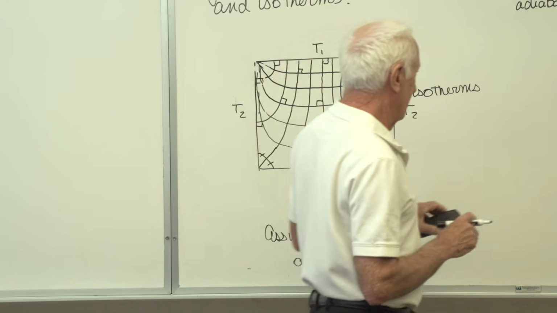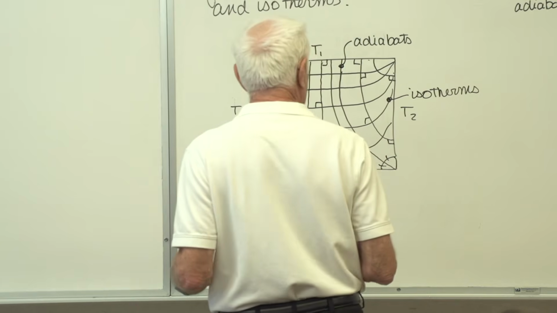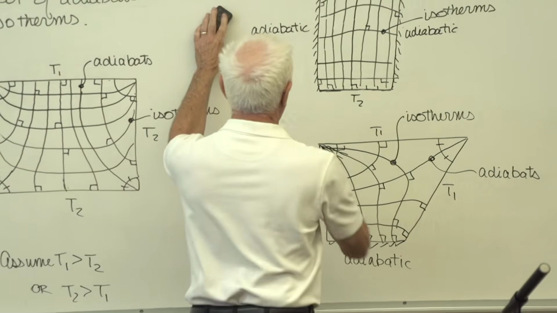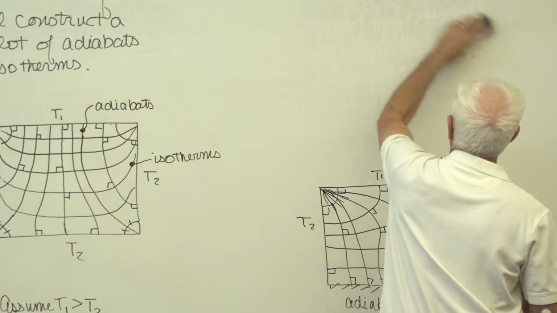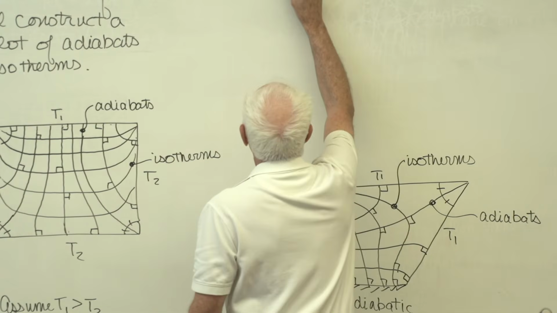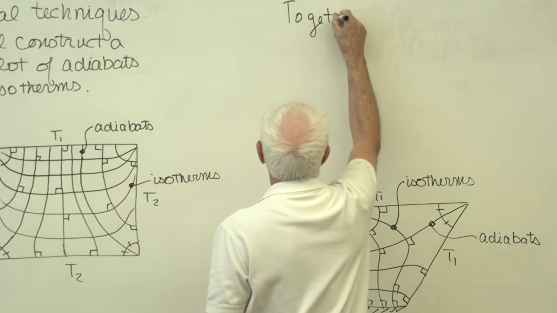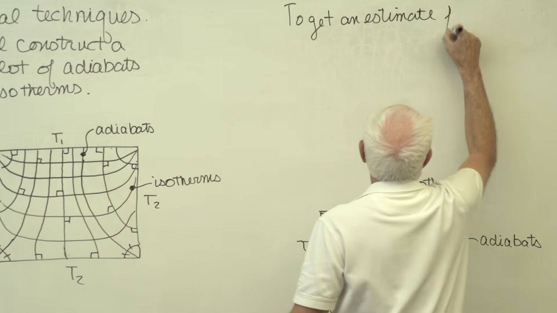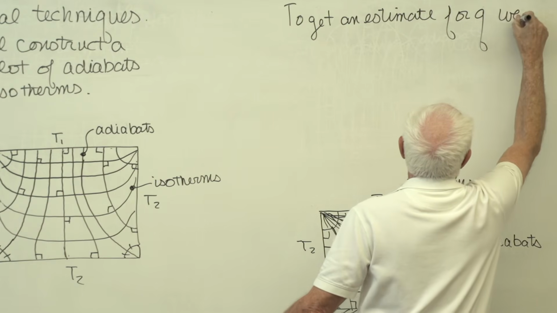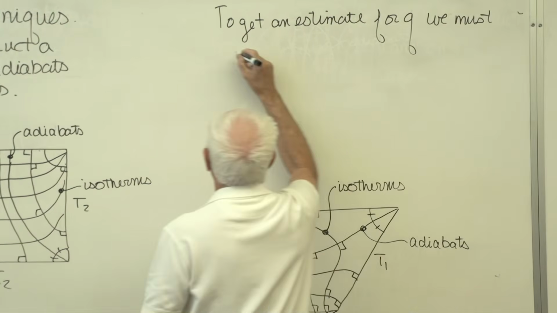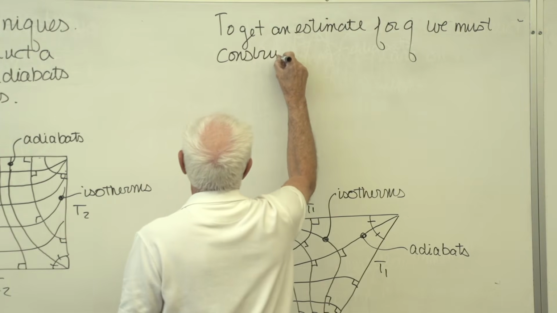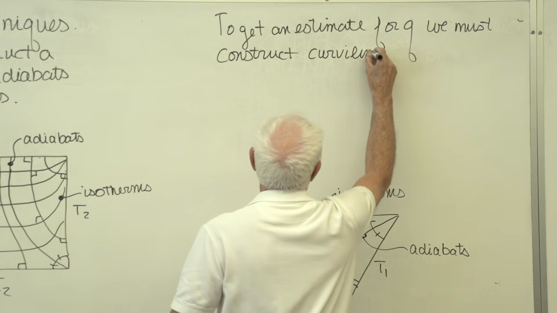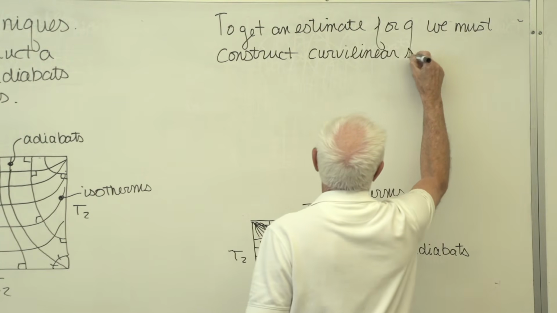Okay, so I'll put this here. We don't need this anymore. We'll use that one. To get an estimate for Q, we must construct what we call curvilinear squares.